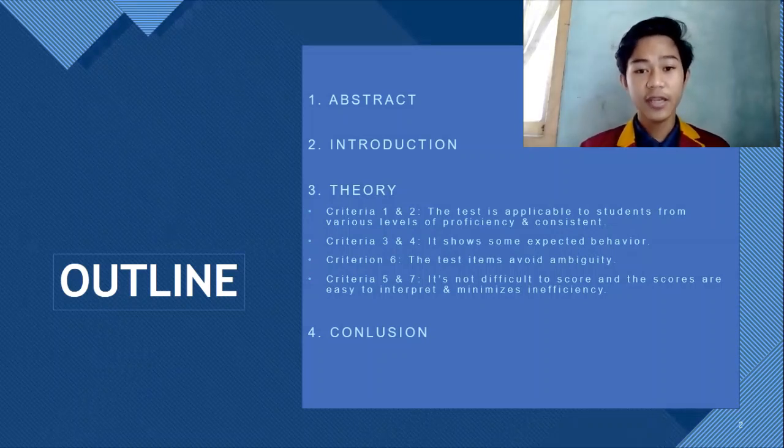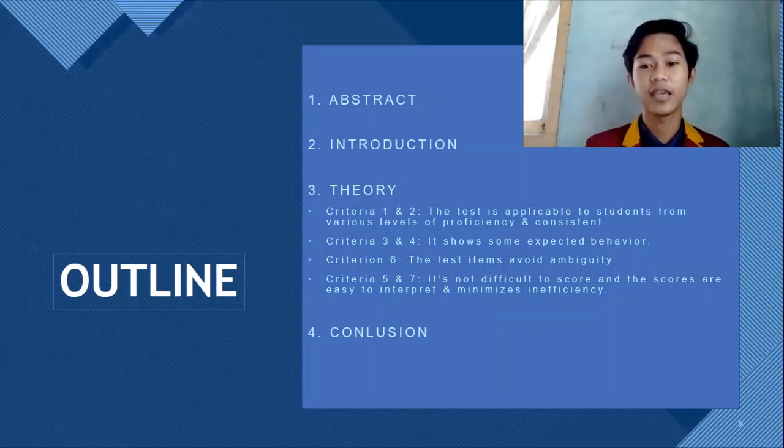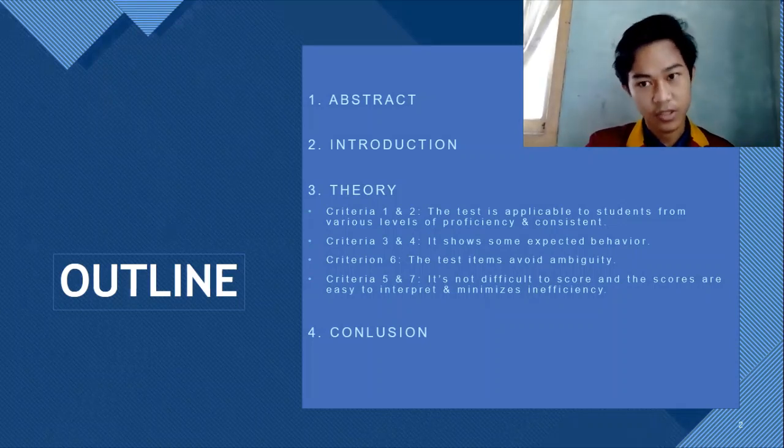Criteria 3 and 4 show some expected behavior. Criterion 6, the test items avoid ambiguity. Criteria 5 and 7: it's not difficult to score, and the scores are easy to interpret and minimize inefficiency. And then the last is the conclusion.